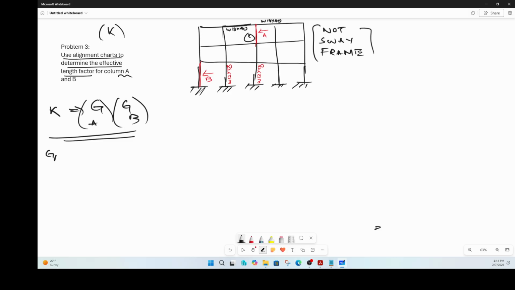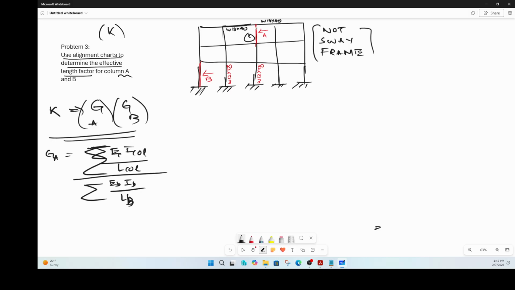Okay, so G sub A is nothing but sigma E column, I column divided by L column, right? Whole thing divided by sigma of E beam, I beam, L beam.